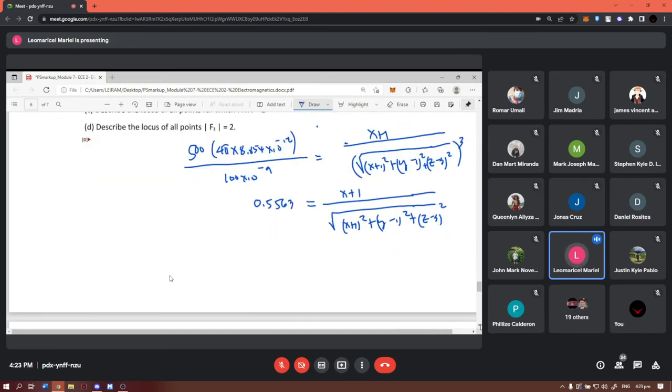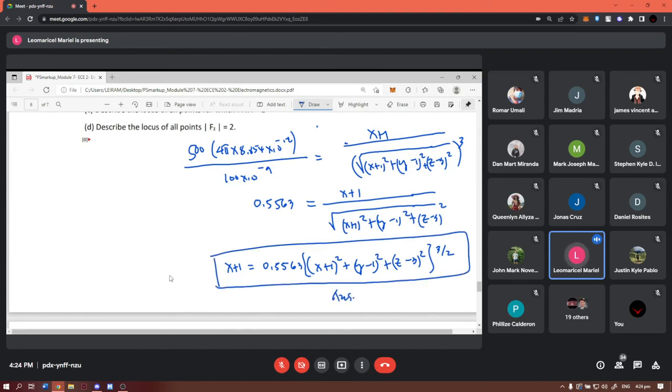So the final answer will be x plus 1 is equal to 0.5563 multiplied by x plus 1 square plus y minus 1 square plus z minus 3 square raised to 3 halves. So that will be your answer. Okay? Yan yung locus of points.